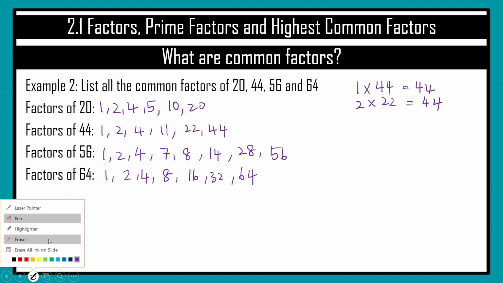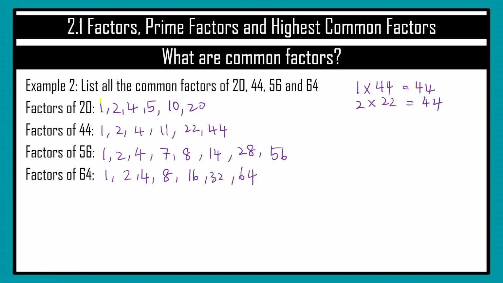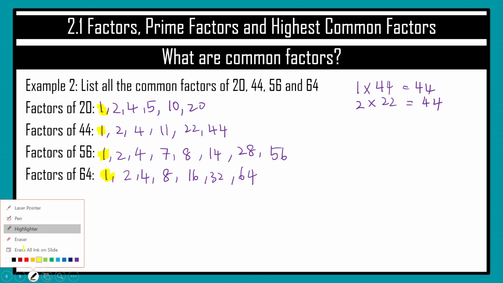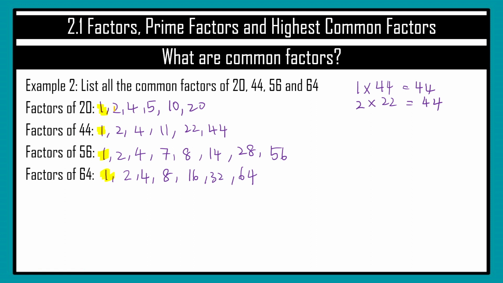all the numbers here. So I can see that we got 1, okay, and then we got 2, and all of them have 4. If we check 5 only for 20, no 10, no 20, and then all the other numbers are all their own.